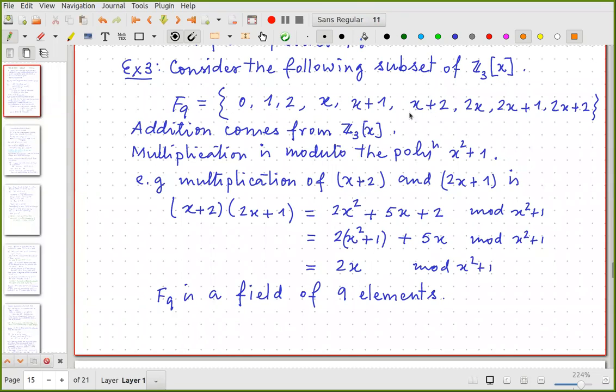And then we have the polynomials whose coefficients are coming from Z3: x, x plus 1, x plus 2, 2x, 2x plus 1, and 2x plus 2. These are all the elements of the form a plus bx, where a and b are coming from Z3. So all linear polynomials, including the constants.